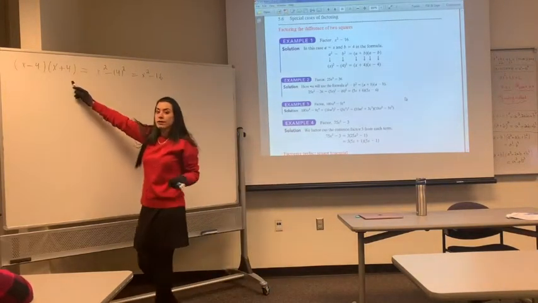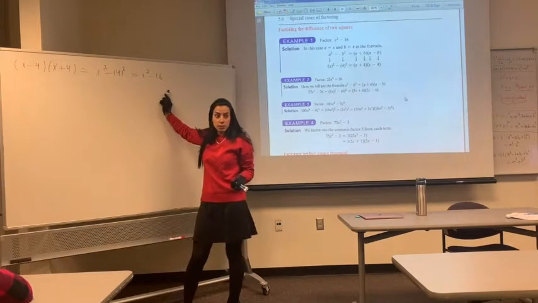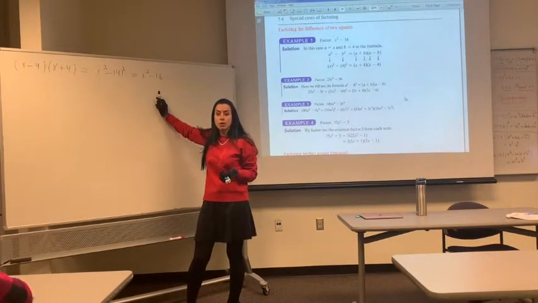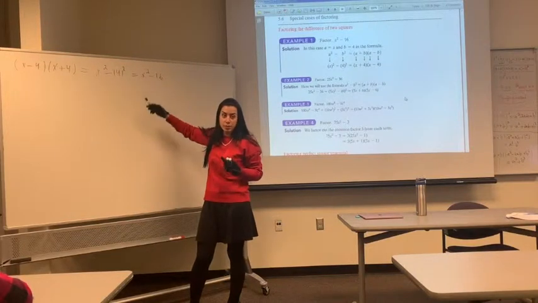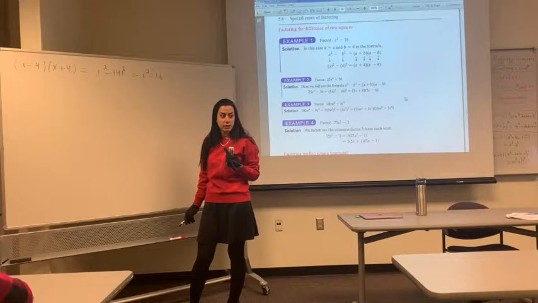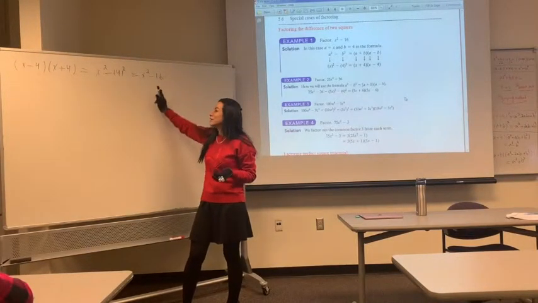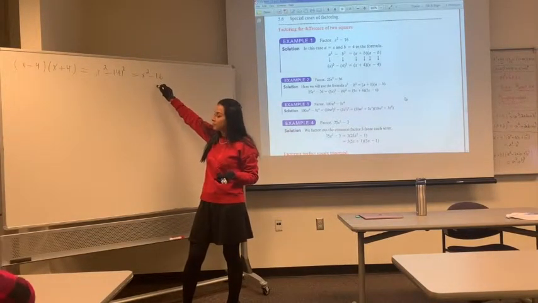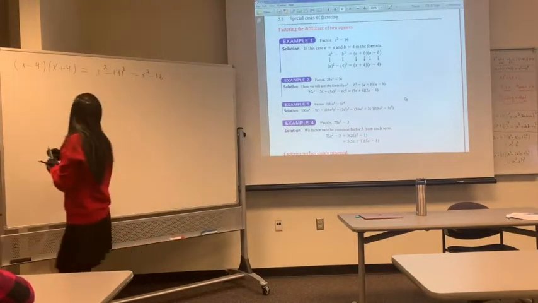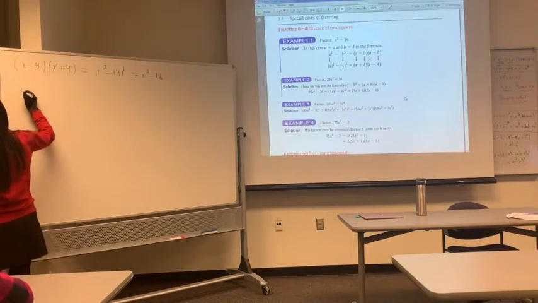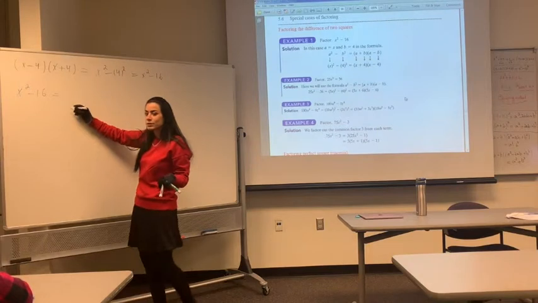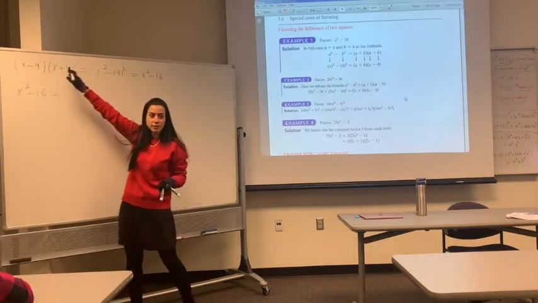So from here, we reached this one. We had this before, in the first lecture when we started chapter 5. From this side, we went to that side. So now, if I give you x squared minus 16, you should be able to go from this side to the other side, right?